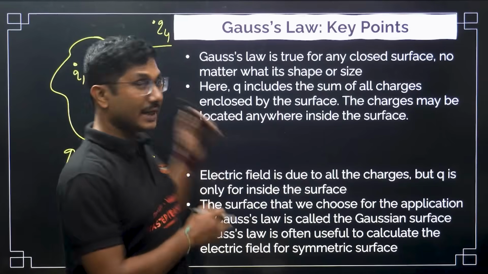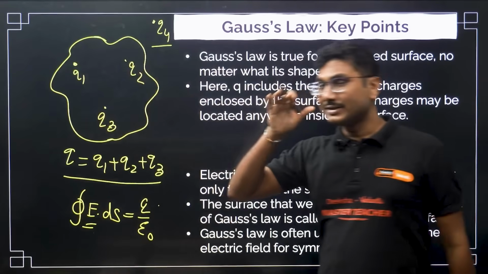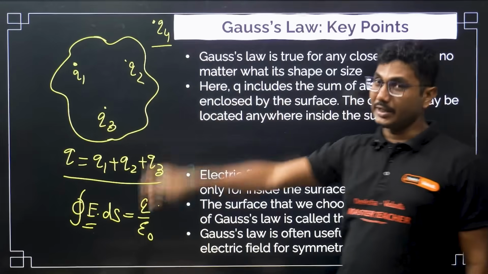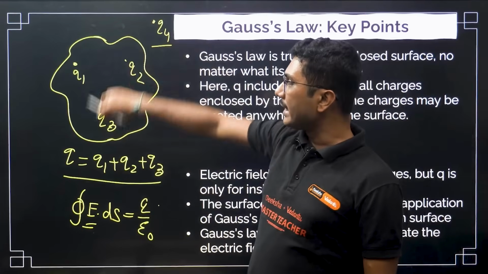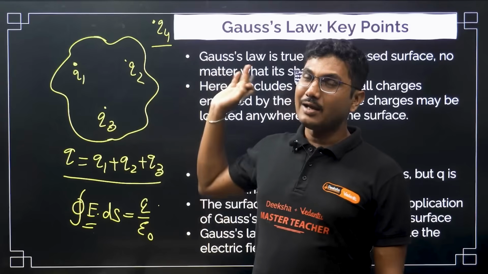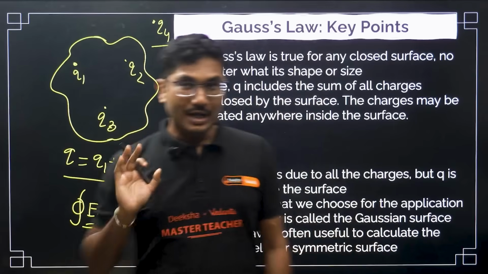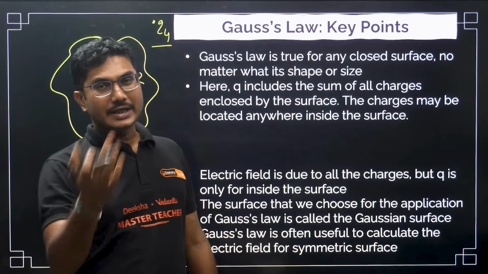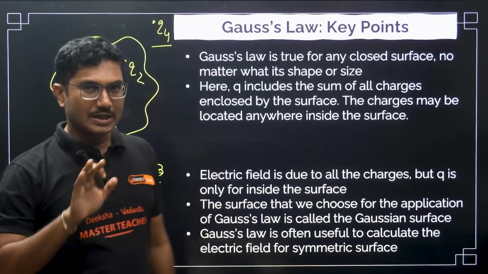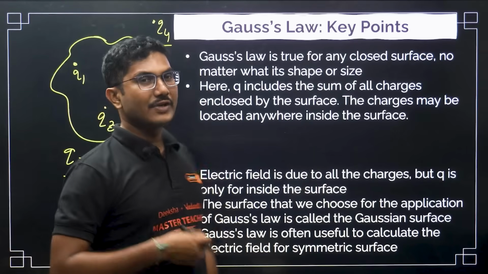If it is some complicated surface like this, you can still do the integration, but it will be complicated. You have to take small areas, and doing it manually will not be possible. You have to use a computer. You can put this into a computer and it can do the integration for you. That is possible, but humanly it is very difficult.